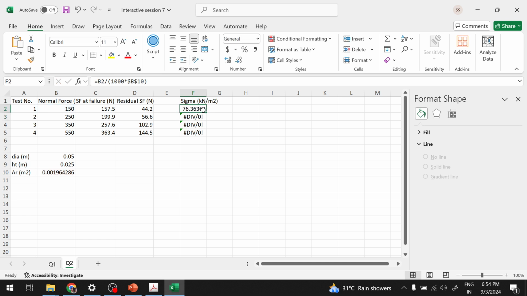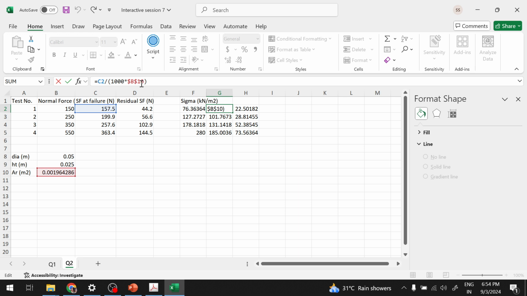And let's calculate for shear force and residual force. This will be C2 over 1000 divided by area. Okay, this is fine. Let's write this in the bottom.